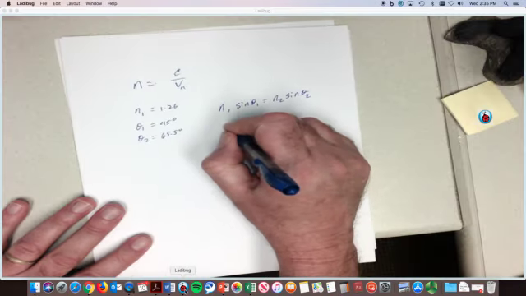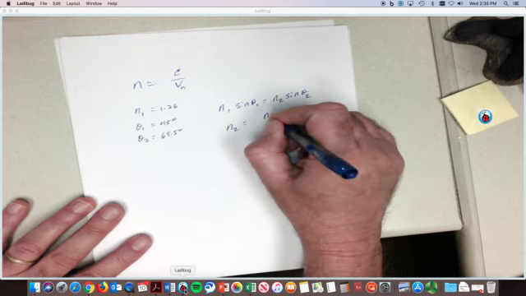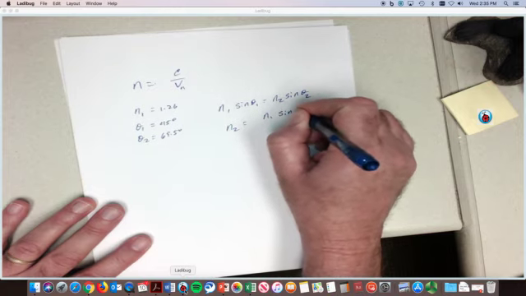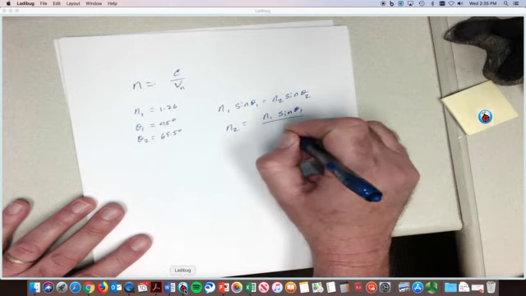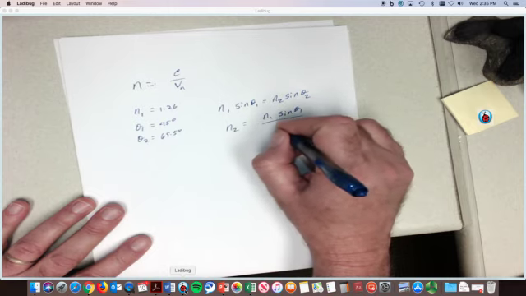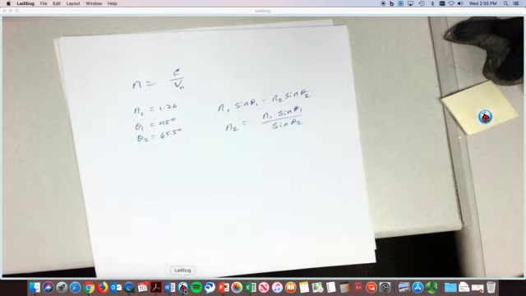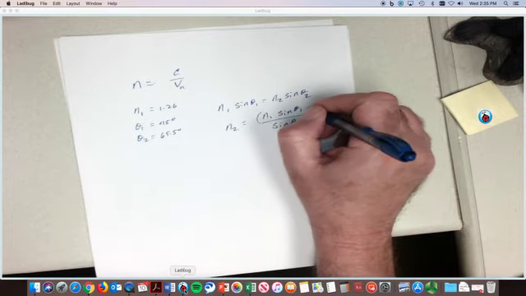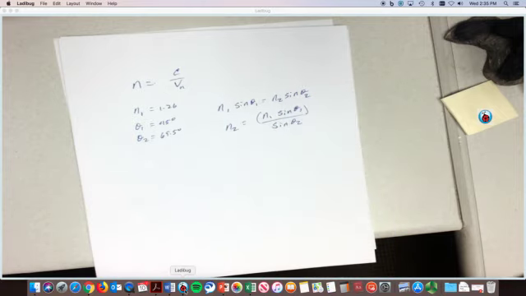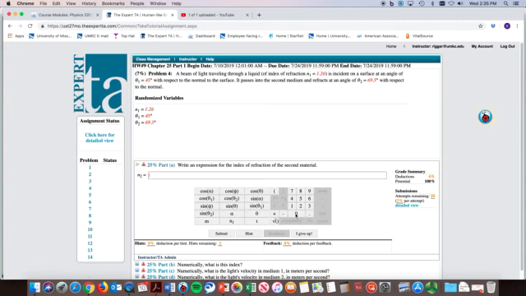So N2, normally we just go N1 sine theta 1 over sine theta 2. Piece of cake, right? But I think we better put parentheses around these. It should be okay even without parentheses, but let's go ahead and put them.